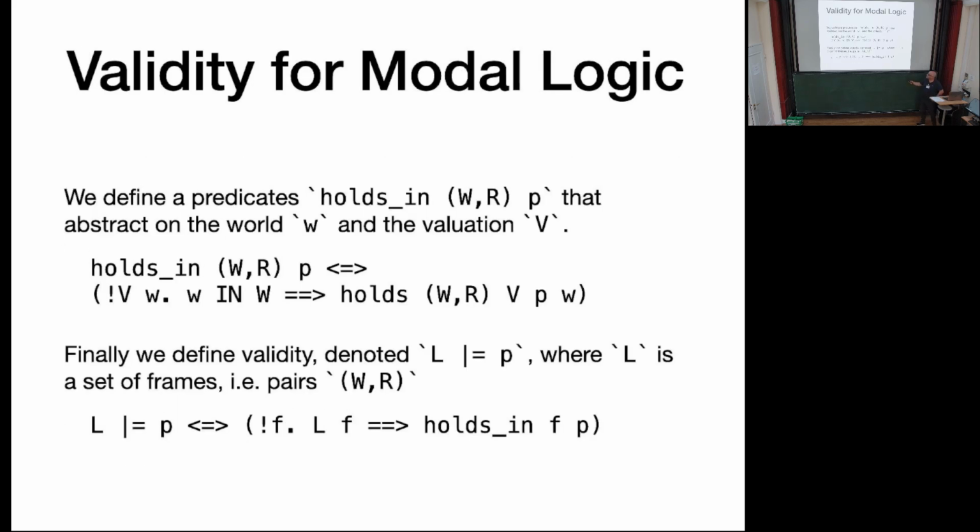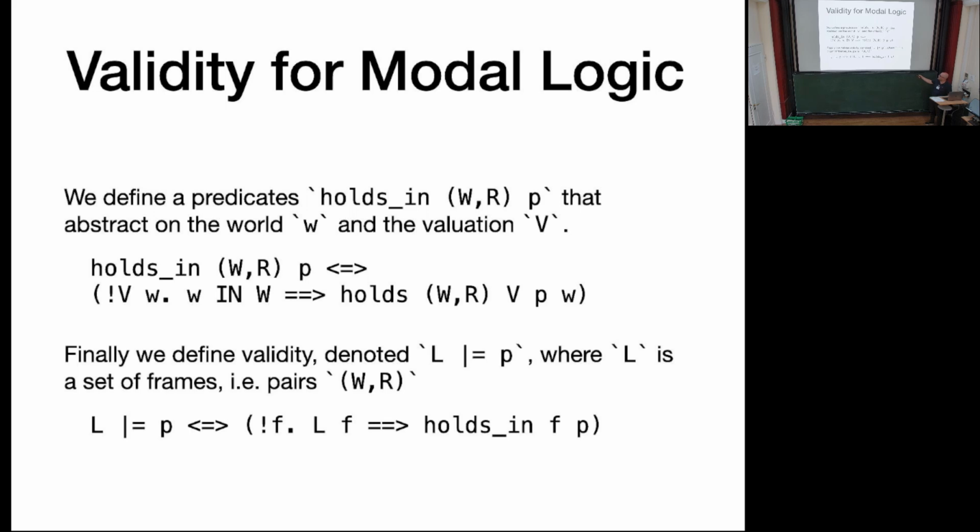From this you can abstract over the worlds, and define a new relation, holds in, which takes the frame and the proposition, and by definition it holds if for all V and W, if W is a world, then it holds with the frame, the evaluation, the proposition, and the world.